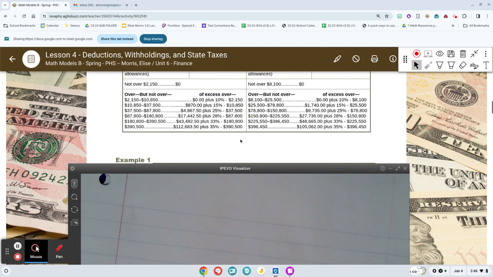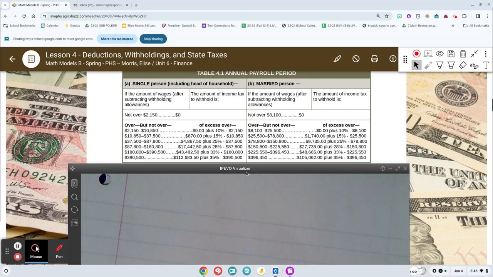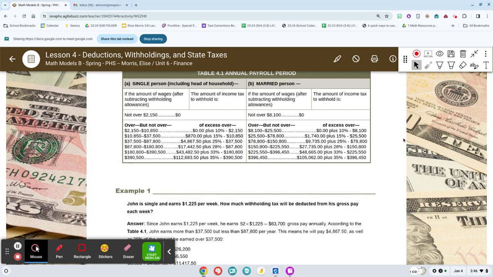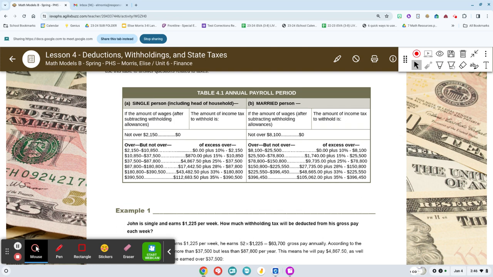Let's go back up here. We need to know how to read this table. So let's take a look. Here's the title. If they are single, we're going to use this part of the table. If they are married, we're going to use this part of the table.